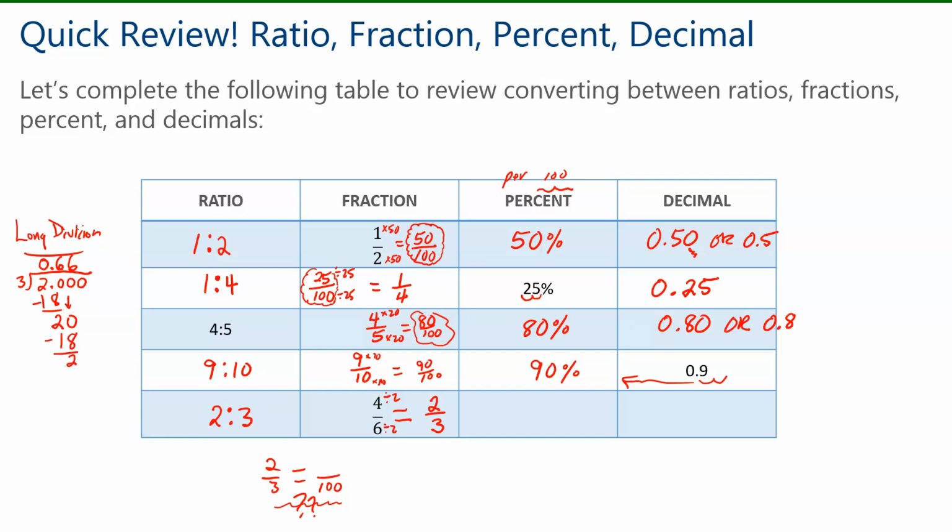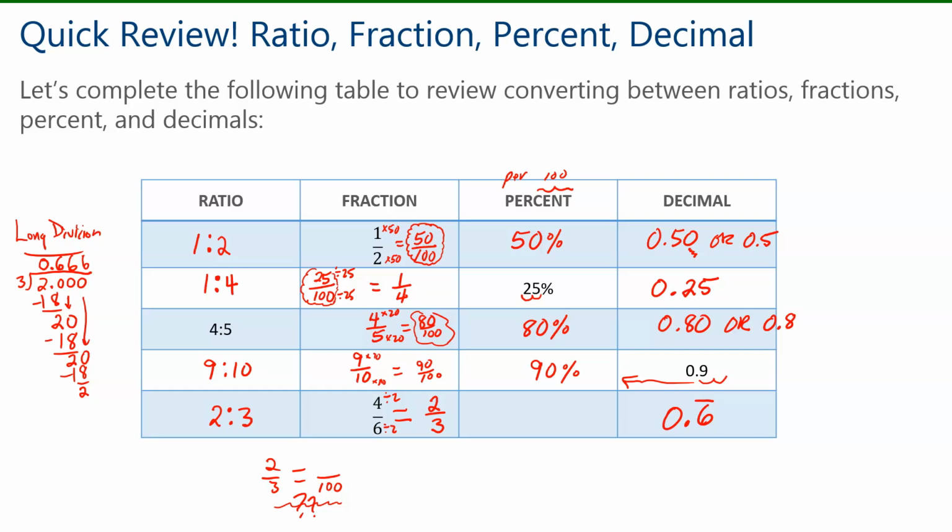Subtract, I get a 2. And very quickly you see the pattern that exists here. We will continually get another 6 with a 2 remainder. That then gives us a decimal of 0.6, and we put a bar over the 6 to indicate that it's repeating. This is what we call a repeating decimal.